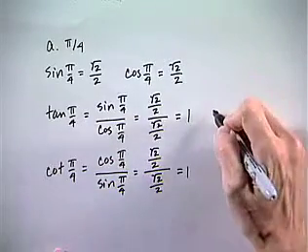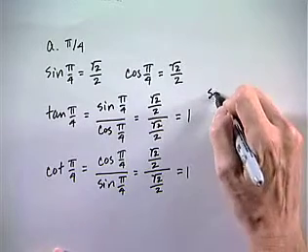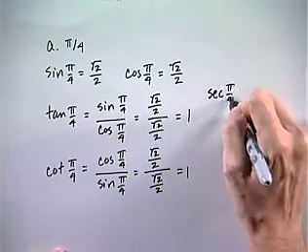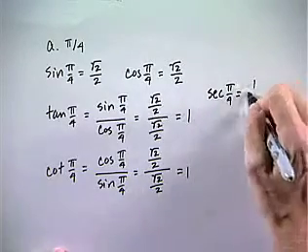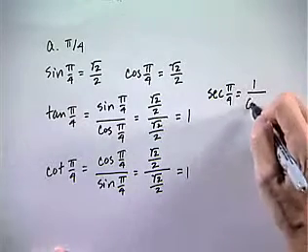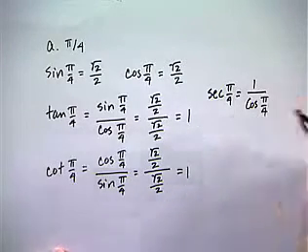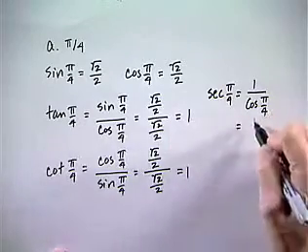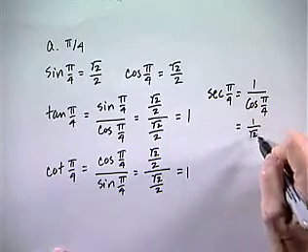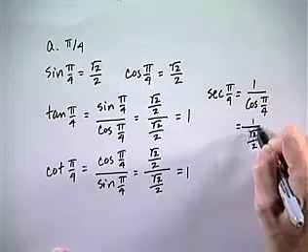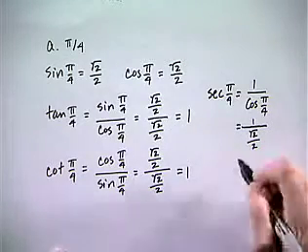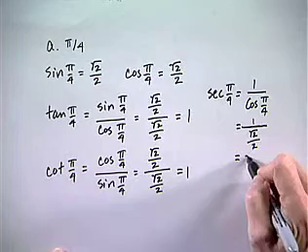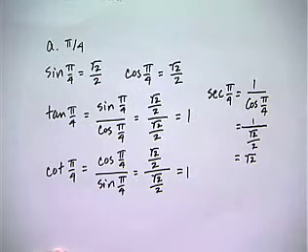So we have 4 of the trig functions of pi over 4. Let's look at the secant of pi over 4. The secant of pi over 4 is 1 over the cosine of pi over 4, and the cosine of pi over 4 is square root 2 over 2. So it's 1 over square root 2 over 2, which is exactly equal to square root 2.